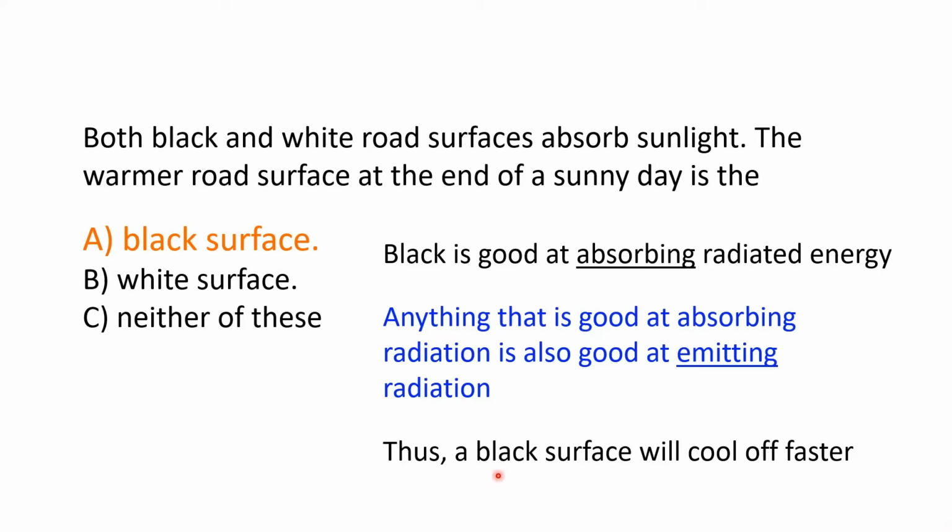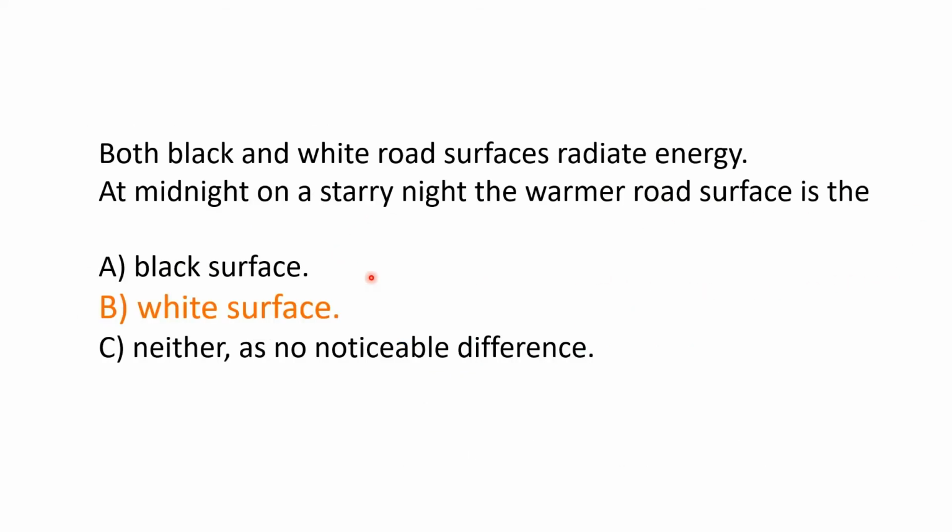The reason I mentioned this isn't to answer our current question. We've already answered that with our first observation. It's to address the earlier question when we had a black and white road surface at midnight on a starry night and wanted to know the warmer road surface. It's the white one because the white surface is slower at releasing its energy through radiation.